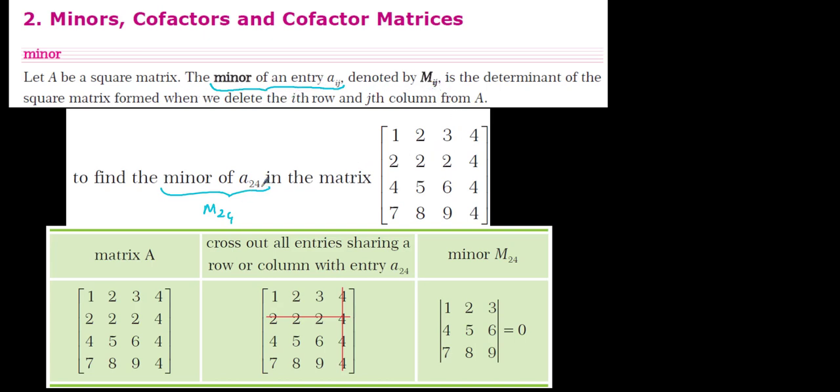So if you are looking for the minor of 2, 4 in matrix A, you are going to delete the second row and the fourth column, which means that you have the new matrix 1, 2, 3, 4, 5, 6, 7, 8, 9, and the determinant of this matrix is going to be equal to 0.